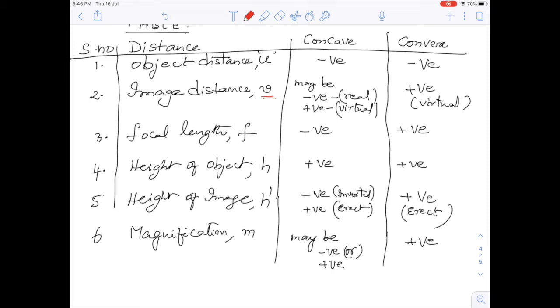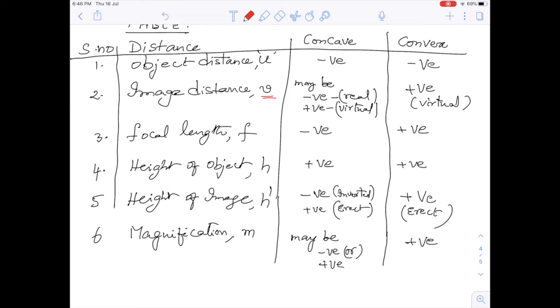Now, we have seen in my previous videos, please watch them if you have not watched them, that a concave mirror gives either a real and inverted image, or in only one case it gives a virtual and erect image.